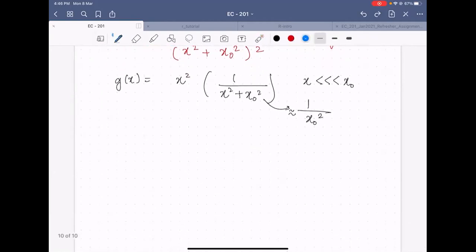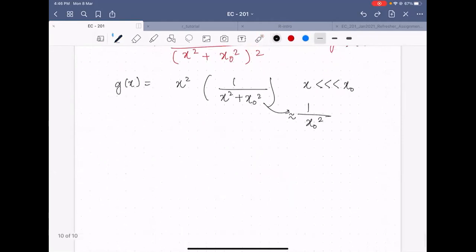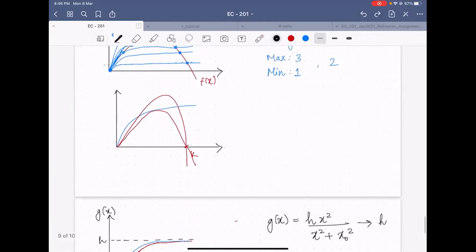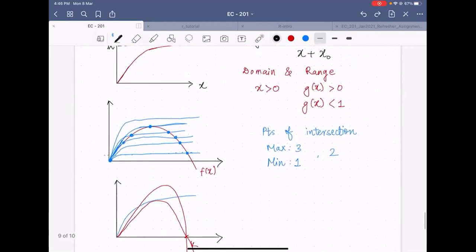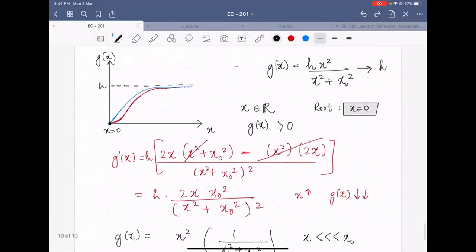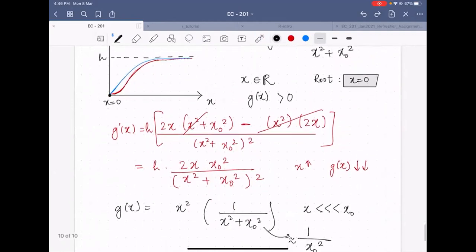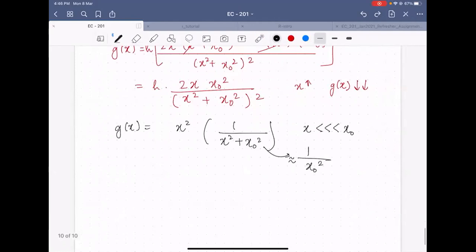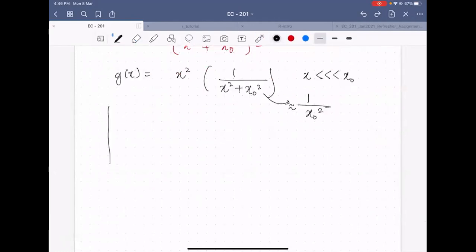I think we are running out of time. Similar to the previous one, can you guys plot something like this and tell me how many points of intersection you will find in this case? I think it should be simple now. How do you plot these two graphs?